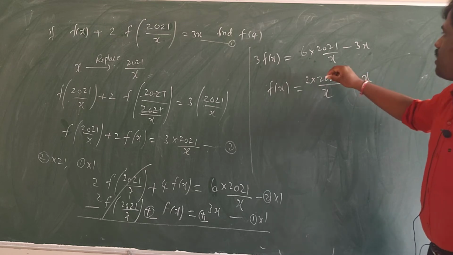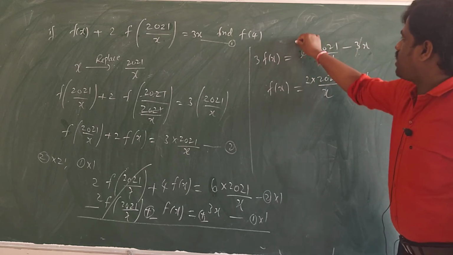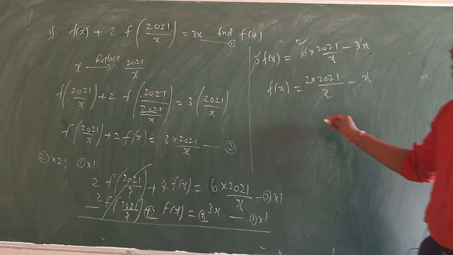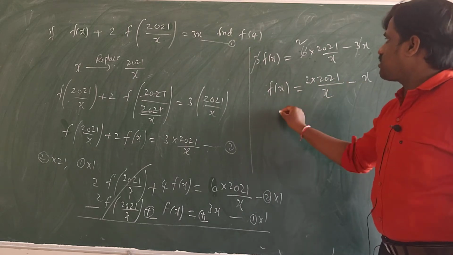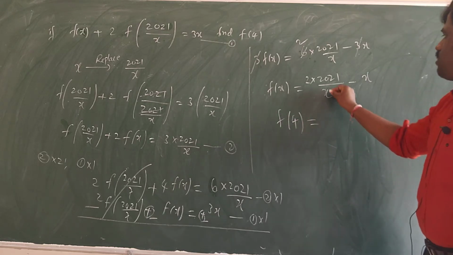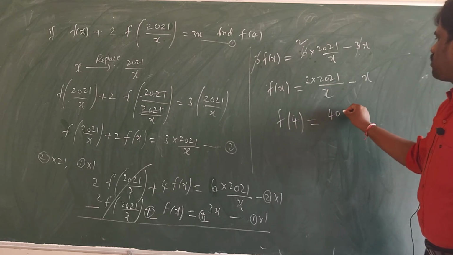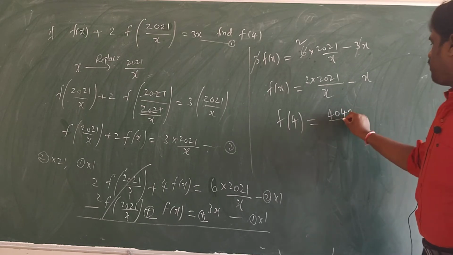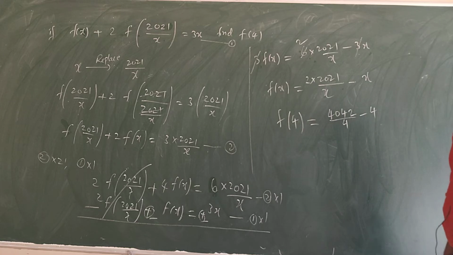So 3 and 3 cancel out, right? What do you get here? f of x is equal to 2021 by x minus x. So f of 4 is required. f of 4 is equal to what you get? 4042 divided by 4 minus 4. Then you simplify and you get the answer.